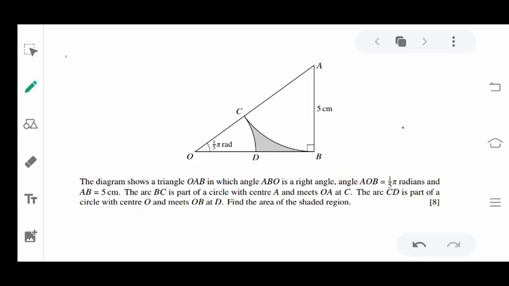Okay, so this is also an interesting question. In this we have to find the area of shaded region. So how do you find the area of shaded region?